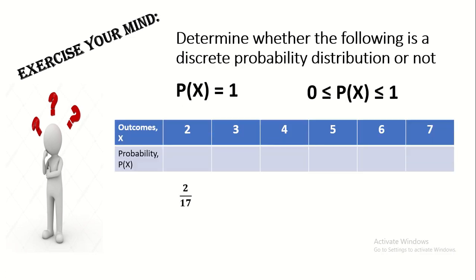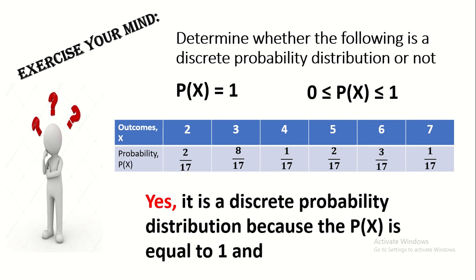Okay, let us have this. Is it a discrete probability distribution or not? Exercise your mind. Yes, it is a discrete probability distribution because na-follow niya yung property number 1 and property number 2 ng discrete probability distribution na kung saan ang P of X daw is equal to 1 dapat.